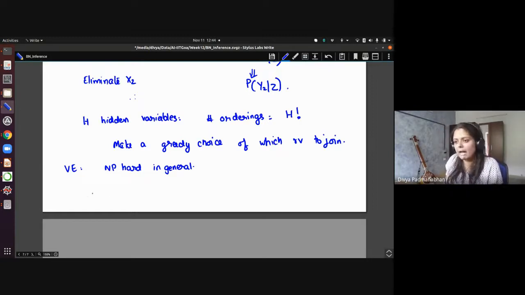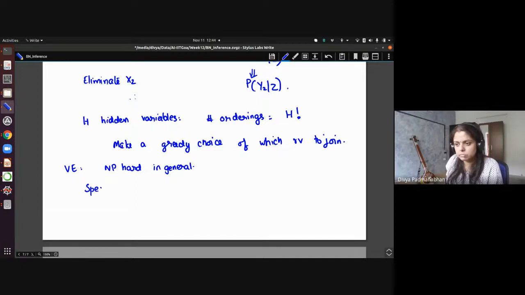But when you have special cases like trees, or I'll call them polytrees, because that's the usual jargon used. Polytrees are just the regular tree graphs, but additionally, you don't have any undirected cycles.